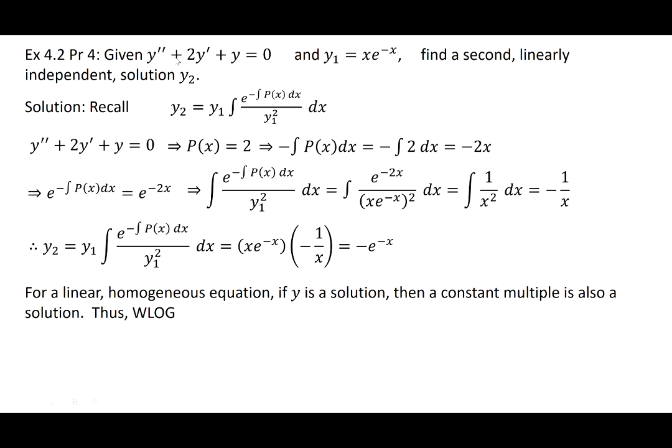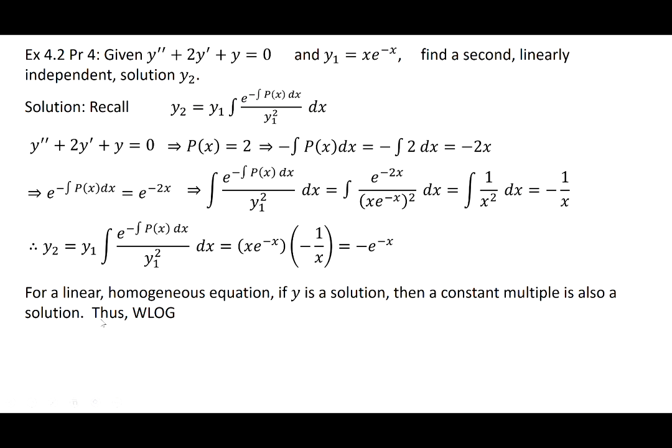See, I told you way in the beginning, why do you care about this stupid linear, man? It's because it has all these wonderful properties. If y1 is a solution, then any constant multiple of it is also a solution, is the idea. Okay? So why am I saying that here?